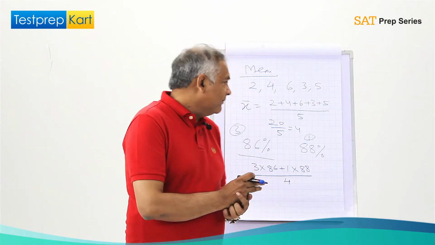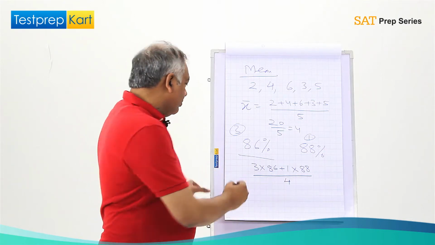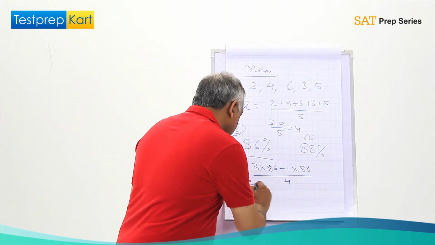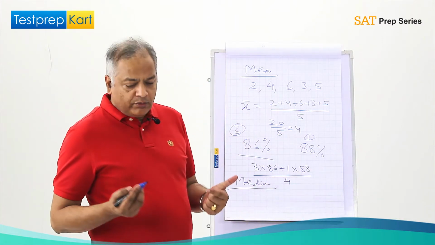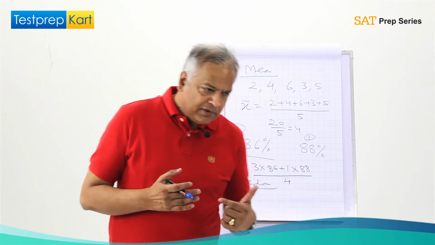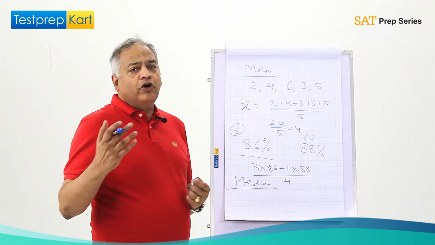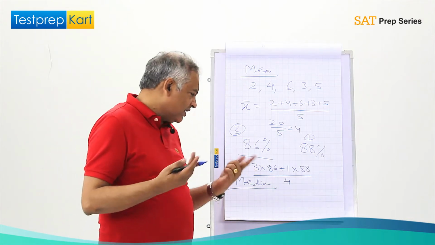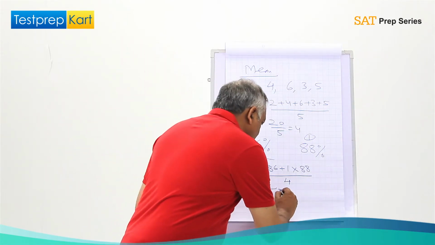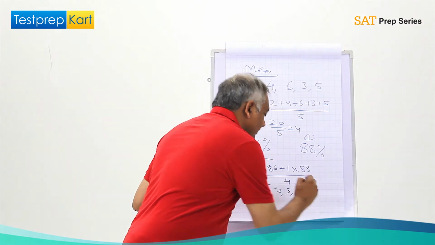Now the second concept is the median. Median, as the name suggests, is the middle value. Before coming to the middle value, one has to arrange those numbers in ascending order. Let's take some numbers: 2, 3, 0, 5, 9.